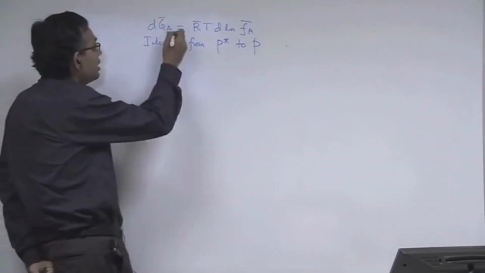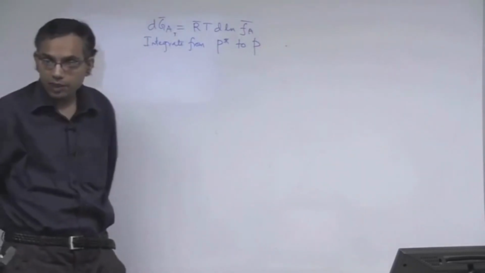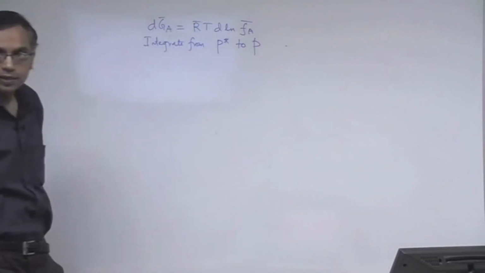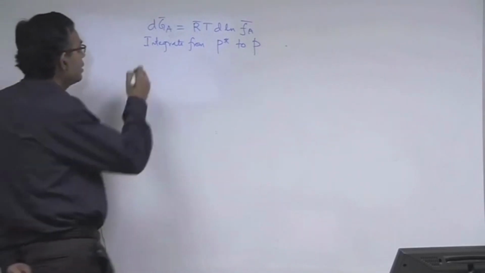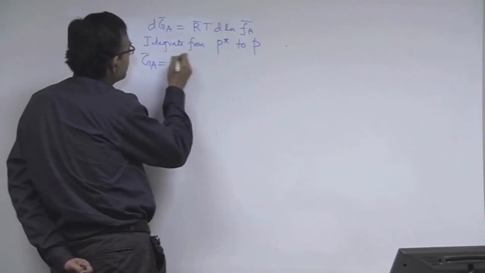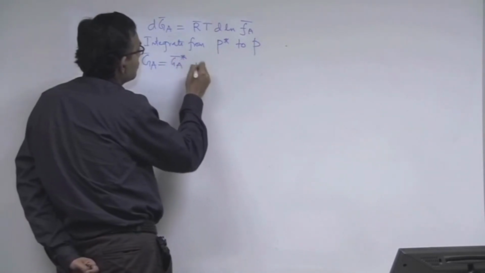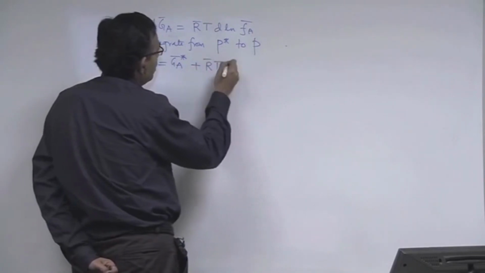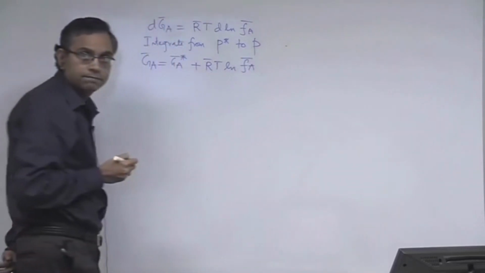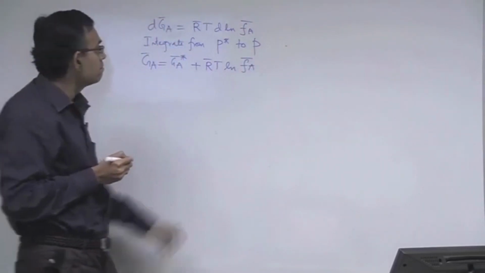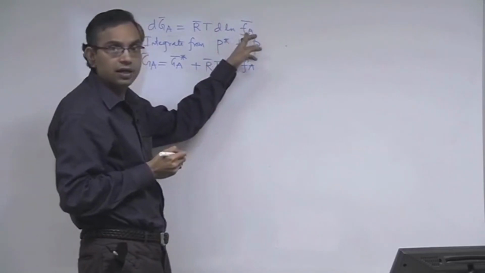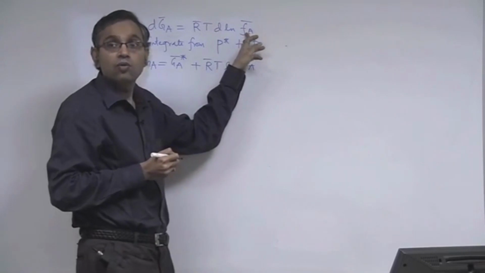This is at constant T, I am not writing it all the time, but it is constant T. So you integrate from P star to P. So if you do that, you will get G bar A is equal to G bar A star plus RT ln F bar A divided by, yes, at P equal to P star, what is F bar A? YA P star.